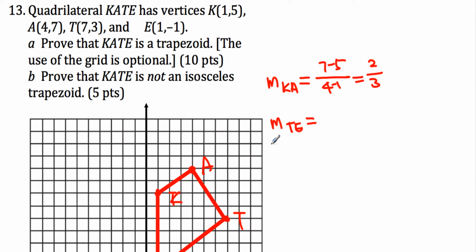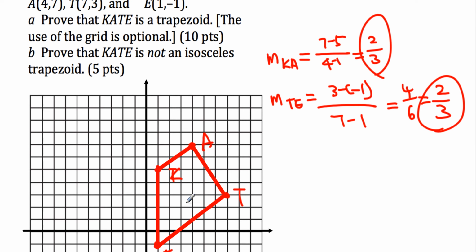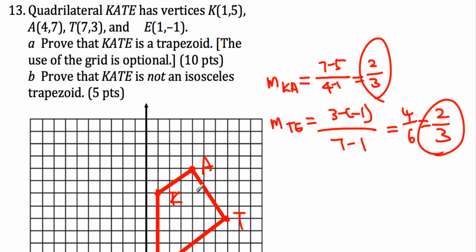How about slope of TE is 3 minus negative 1, over 7 minus 1, which becomes 4 over 6, which is equal to 2/3. Since two sides are equal in slope, we realize that KATE must be a trapezoid. Now, we also need to show that it's not isosceles.